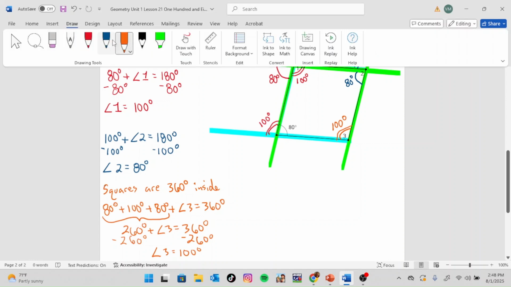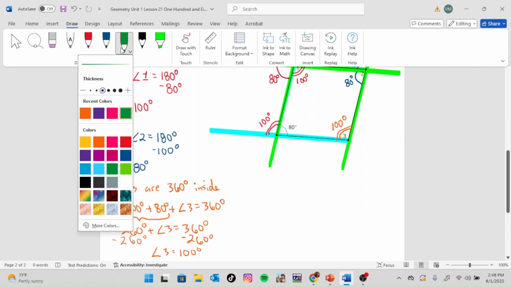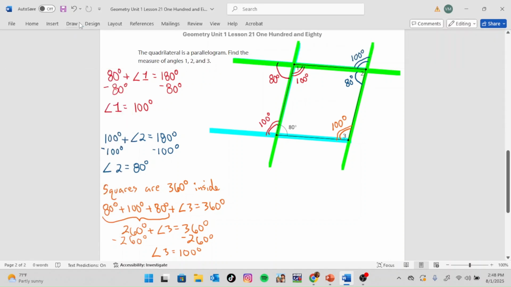So if I were to use the top and bottom line parallel, and then I were to cut them with a transversal diagonally through points 1 and 3, then I have created two triangles.